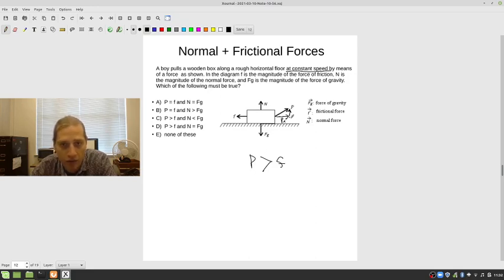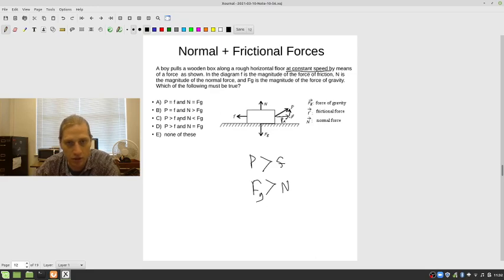Okay, now let's think about the y direction. How are the normal force and the force of gravity going to compare? Well, this P is pulling upward, so that means that the normal force plus P is going to cancel out the force of gravity. Hence, the force of gravity has to be bigger than the normal force.